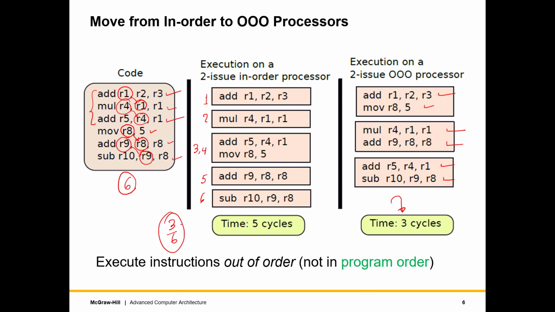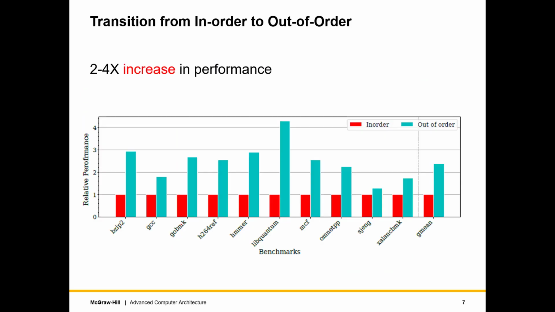We can even go slightly more than that with additional tricks. Now if we compare in-order and out-of-order execution, you will see that the performance numbers are much, much higher. They're not limited to the 20 to 50% range.